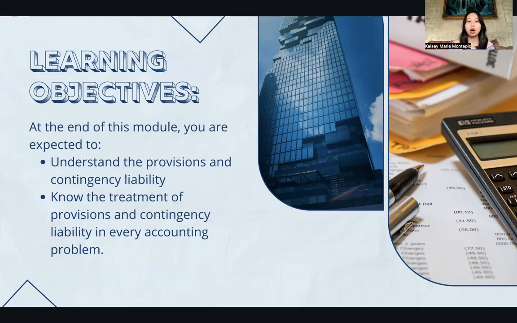For our learning objectives, at the end of this module, you are expected to understand the provisions and contingency liability and to know the treatment of provisions and contingency liability in every accounting problem. So let's start.